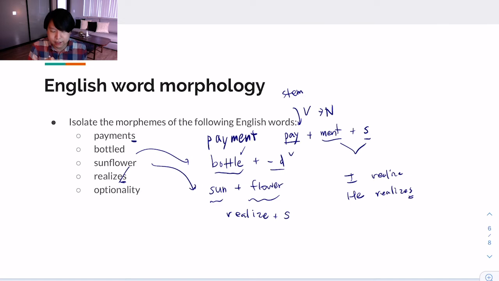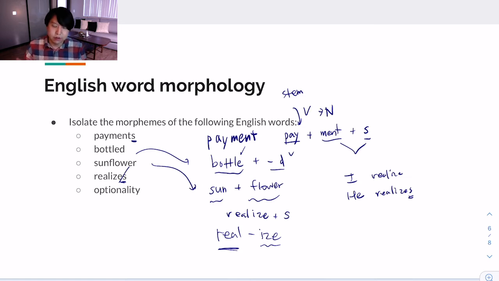And realize is also made of two parts, real and ize. Ize is an ending that makes a verb, and real is an adjective.